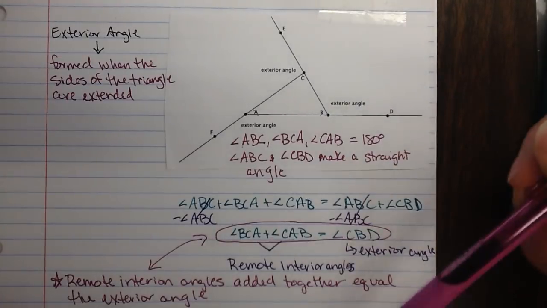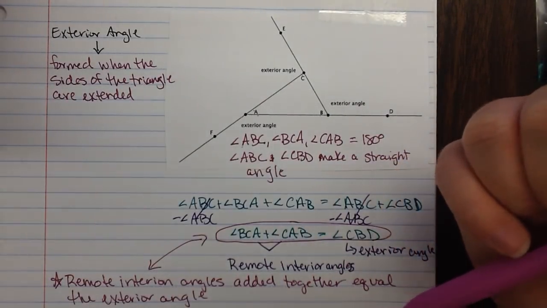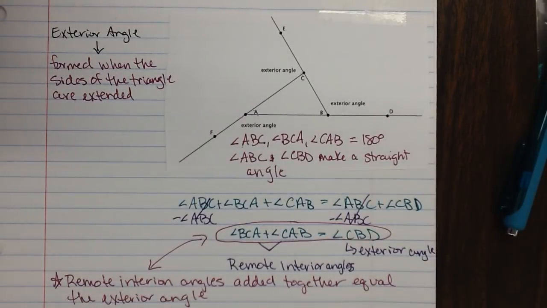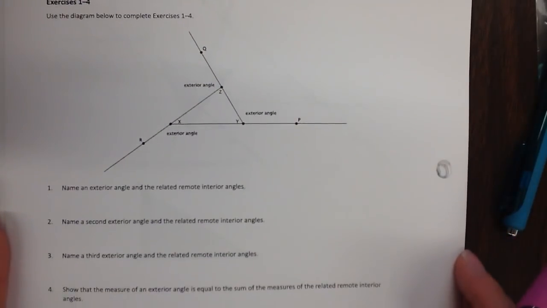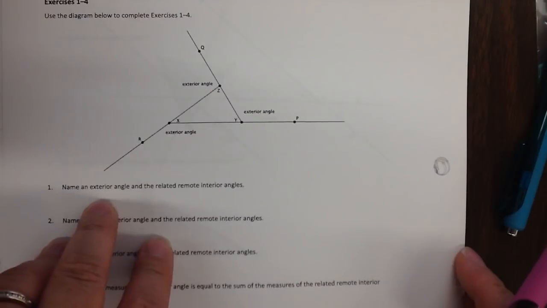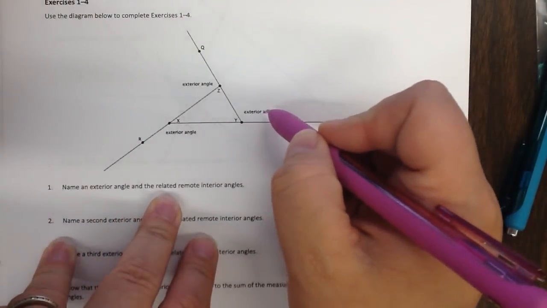Okay, now we're going to use this to identify the remote interior angles and corresponding exterior angles of a triangle. Okay, so we're going to jump right into your packet. It says use the diagram below to complete exercises 1 through 4. Name an exterior angle and the related remote interior angle. So I'm going to start with this one over here.